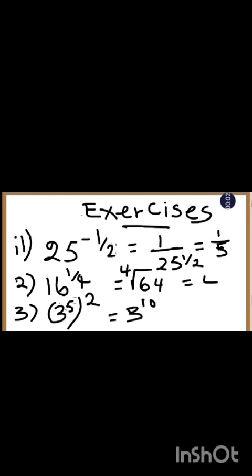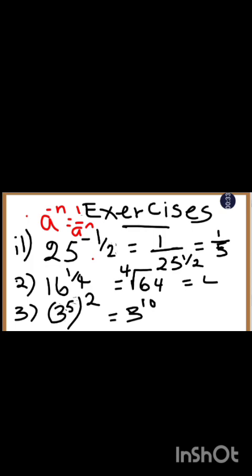Okay, we have exercises here. 25 raised to the power negative half. Now, knowing that 25 raised to the power negative half means you have a number of the form a raised to the power negative n, you will use the law 1 over a raised to the power n.